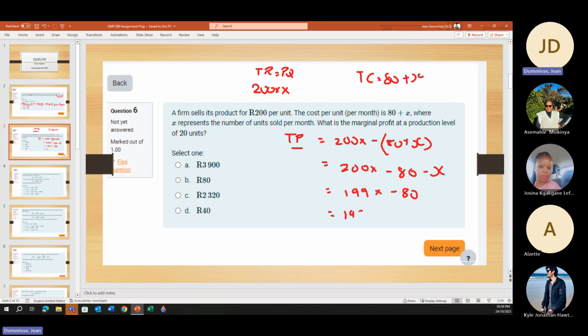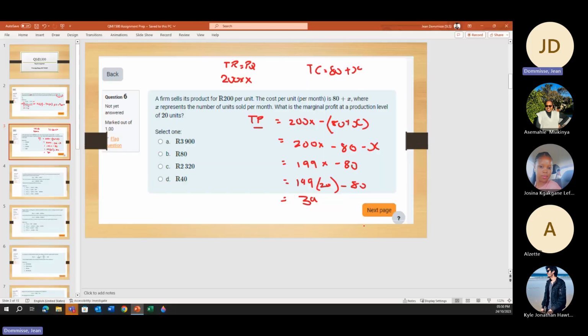Because, okay, so I can put in the 20 now, which will then give you 3900, but that is total profit. We're looking for the marginal profit.